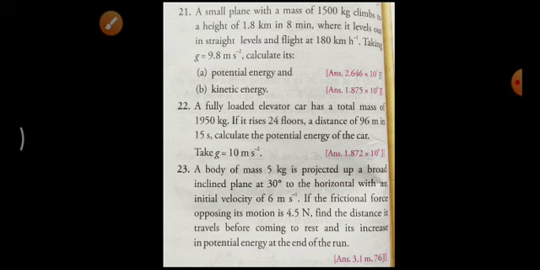Then from the law of conservation of energy we know that the change in potential energy is equal to the change in kinetic energy plus work done by friction. Previously it had potential energy, but while it is moving upward along the slope, that potential energy gets converted into kinetic energy.